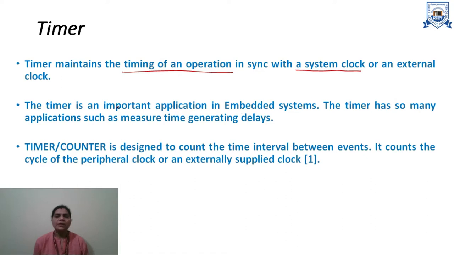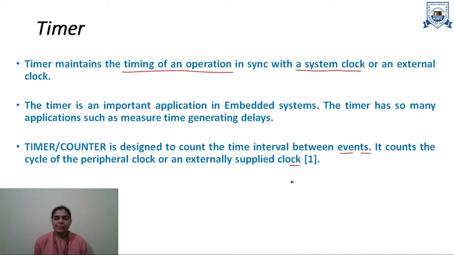It can be used to measure time, generate delays, or count the time interval between events. So a timer can be used to synchronize events with some clock. A clock can be a system clock or it can be some externally connected clock.